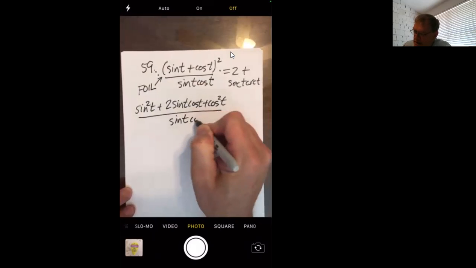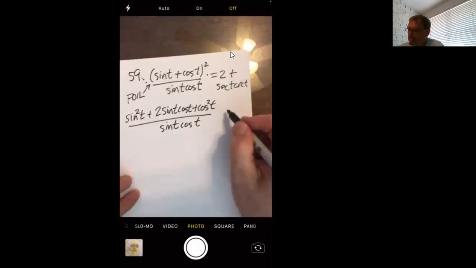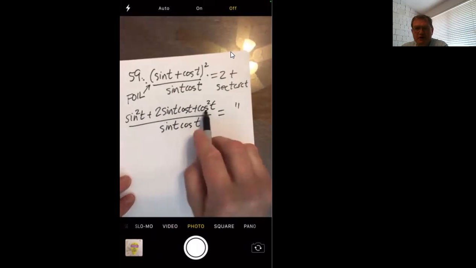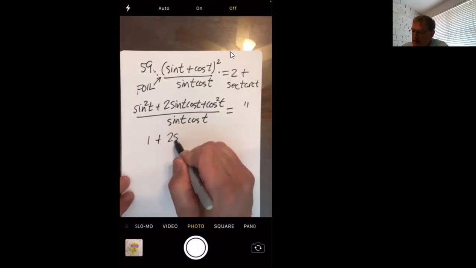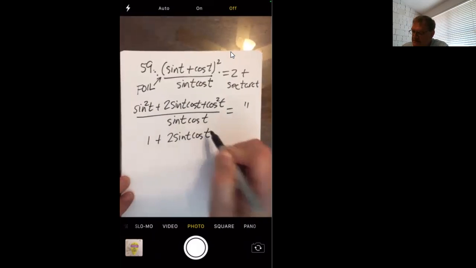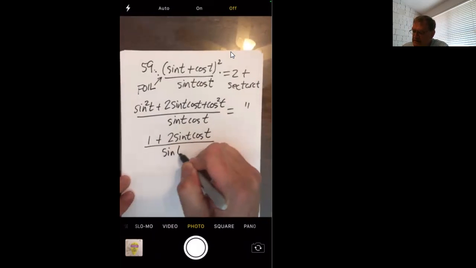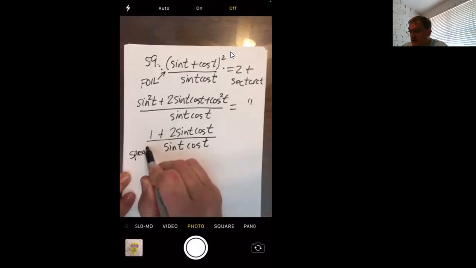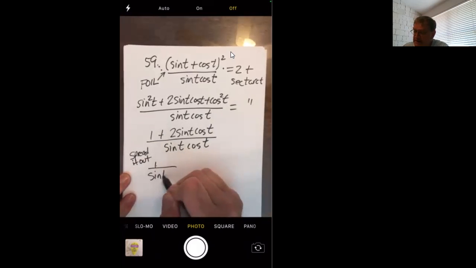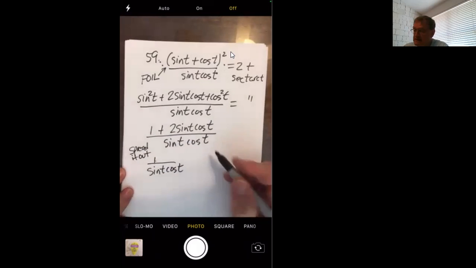Over sine of t cosine of t. Your sine squared plus your cosine squared on the end is 1, plus twice sine of t cosine of t, over sine of t cosine of t. Spread this out, or distribute it. 1 over sine of t cosine of t, plus 2 sine, I'll write it out painfully, cosine of t over sine t cosine t.